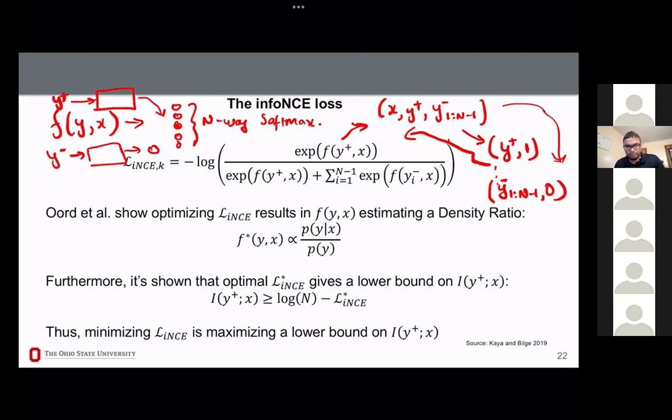Okay, but then when it comes to calculating f star of y comma x or anything, I need to plug in x, right? Yes, you are correct. To be concise, I missed some important information. There is a symmetric term used in all the NCE losses.